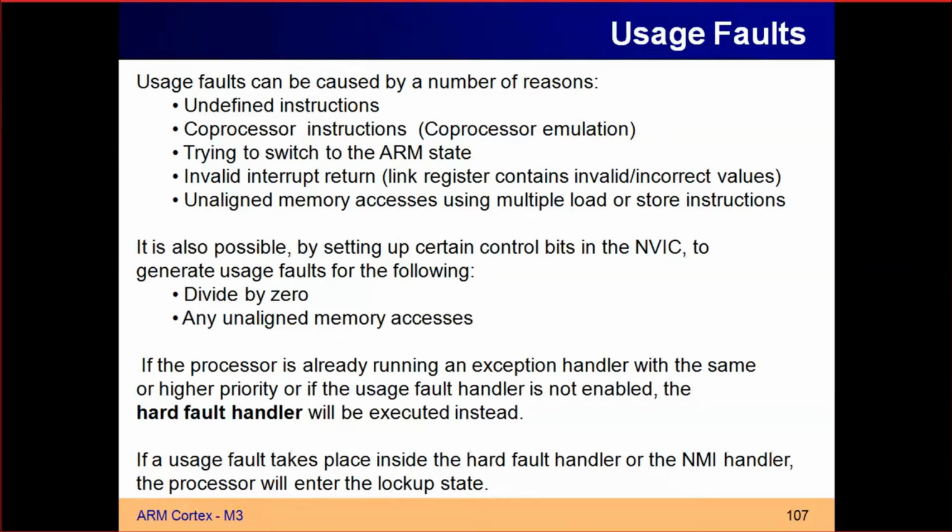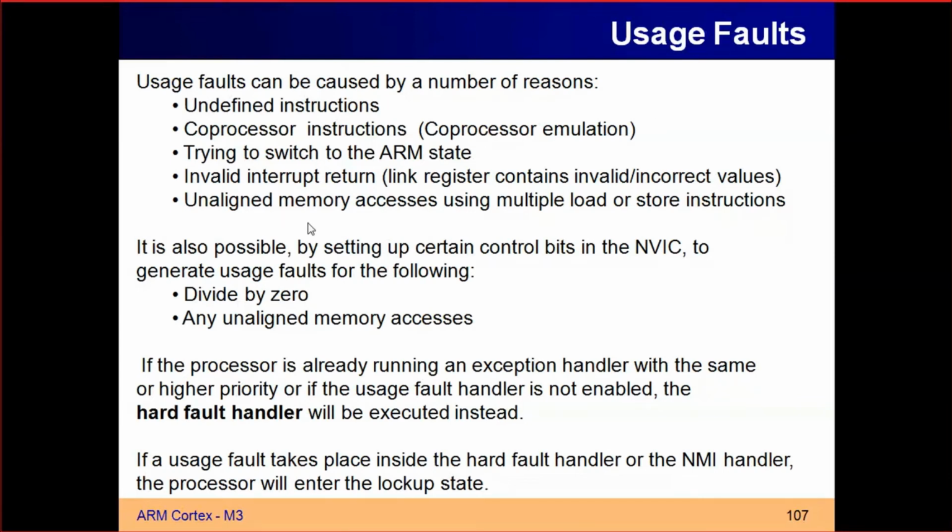Right. Then when you are trying to execute a coprocessor instruction, again usage fault will occur. Then when you are trying to switch to ARM mode of operation, ARM state, again usage fault will occur. Then the fourth condition is invalid interrupt return, which means the link register is containing a wrong return address due to some reason. Again usage fault will occur.